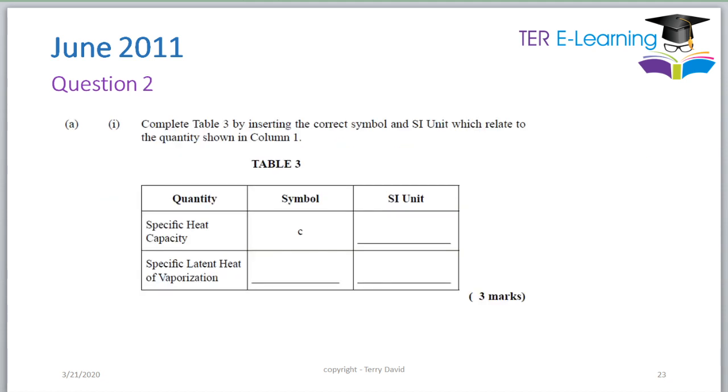So let's move on to question 2. Question is saying complete table 3 by inserting the correct symbol and SI unit which relate to the quantity shown in the column. So they have two quantities, specific heat capacity, the symbol is small c, and what is a unit, right?